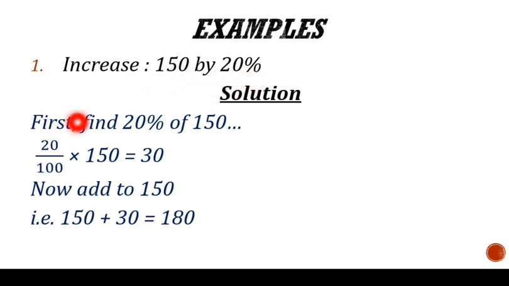Now, 20% here means 20 over 100. That's to find 20% of 150. That's 20 over 100 multiplied by 150, which equals 30. How do we get 30?